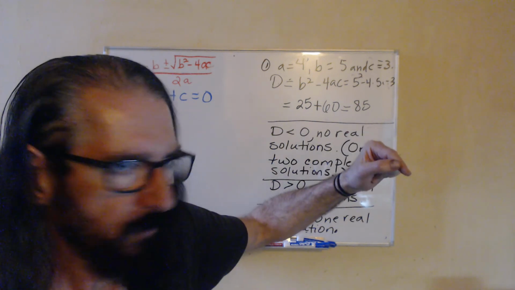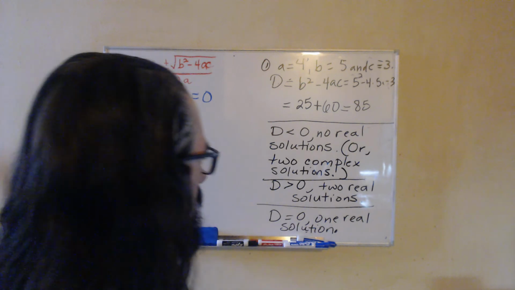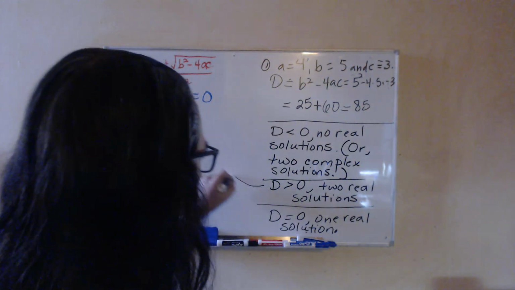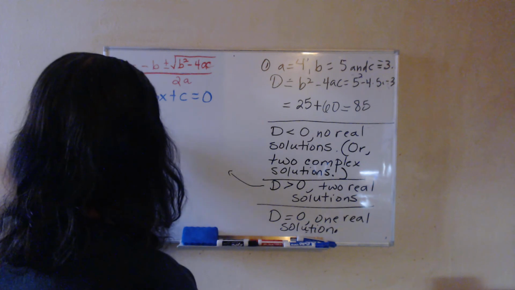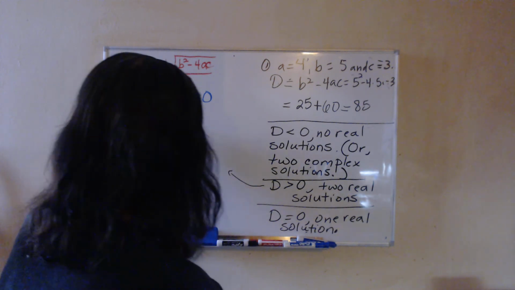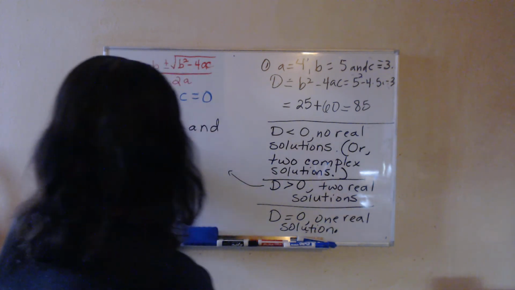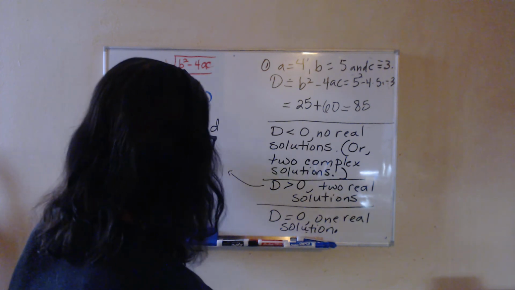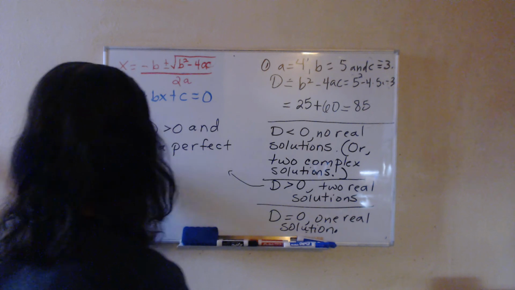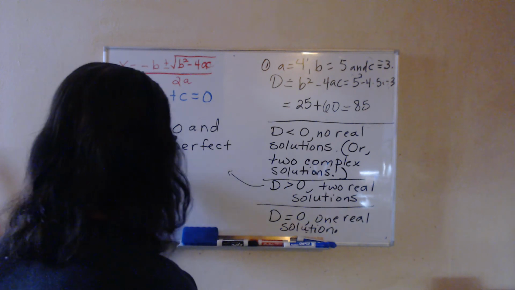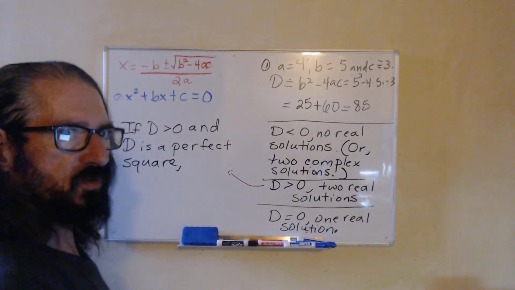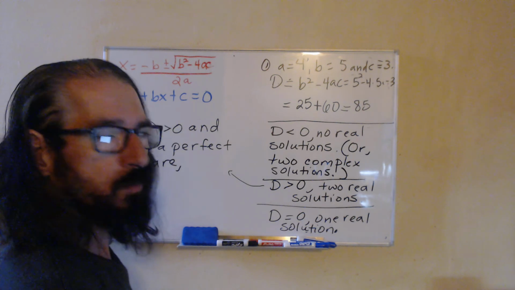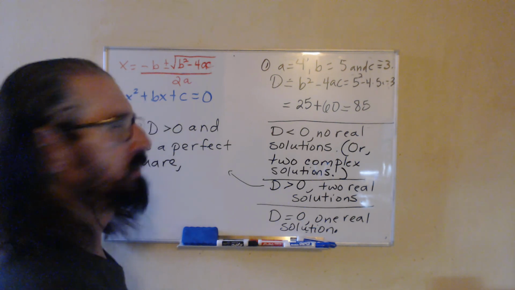One additional thing, if it's positive and if D is a perfect square, then those 2 real solutions you get are rational, maybe even integers, but at least rational.